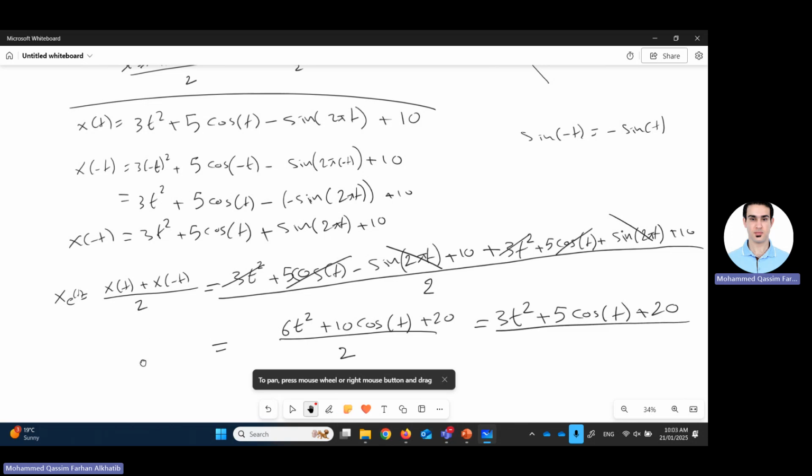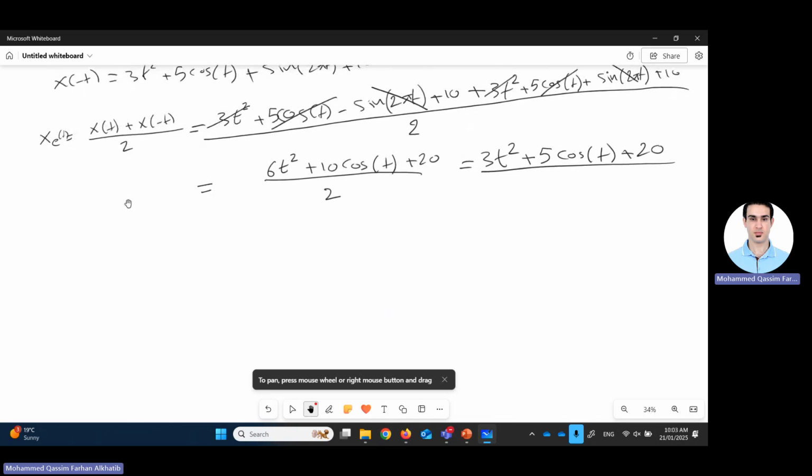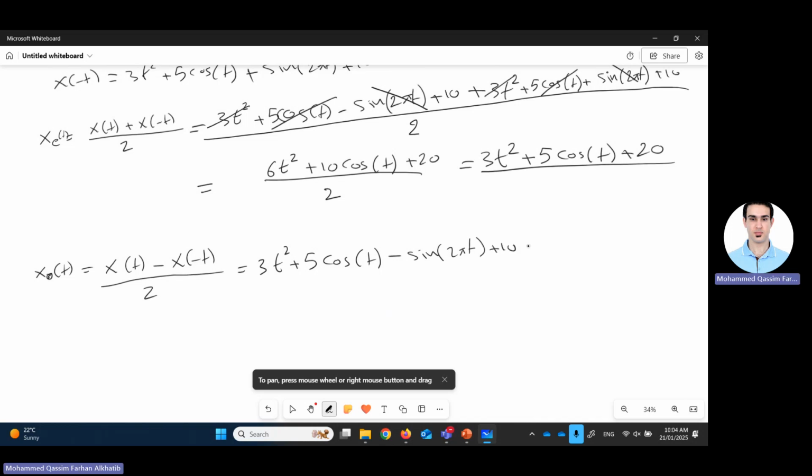All right, the odd part, similar approach, x odd of t equals x of t minus x of minus t over 2. And I will get 3t squared plus 5 cosine t minus sine 2 pi t plus 10 minus, then I will put the expression of x of minus t.